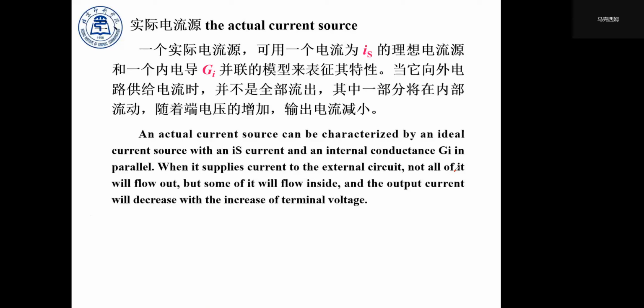The difference between the actual current source and the ideal current source is that the latter has no inner resistance or inner conductance.